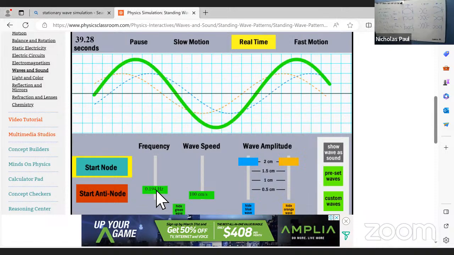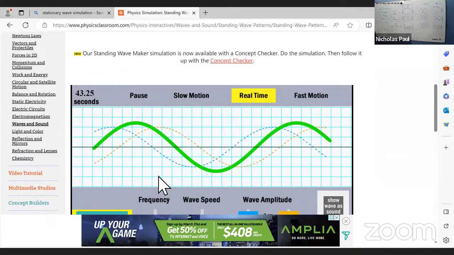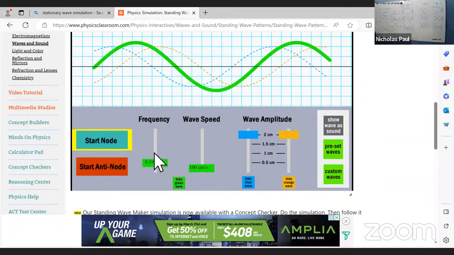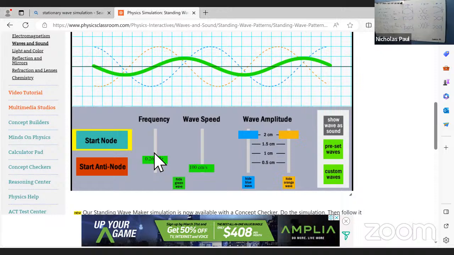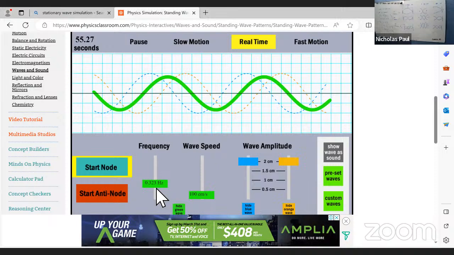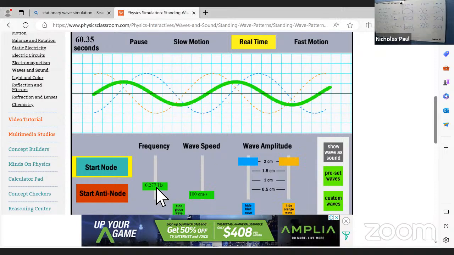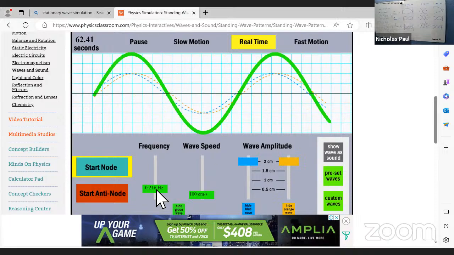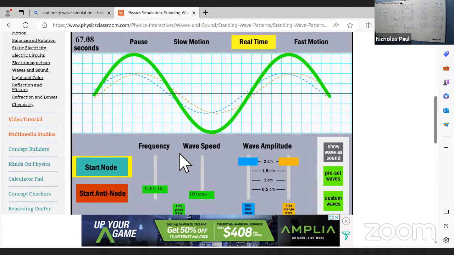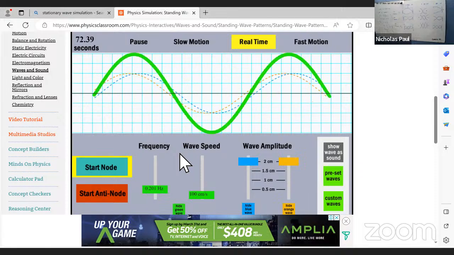They kind of line right up with it. Yeah, right, that's it. That is your third harmonic.